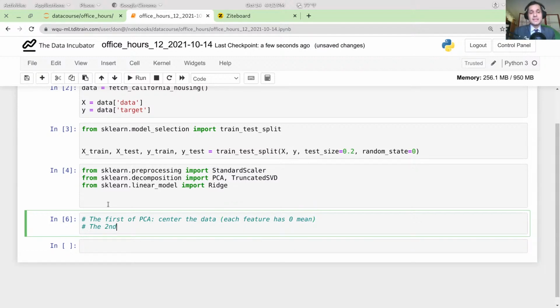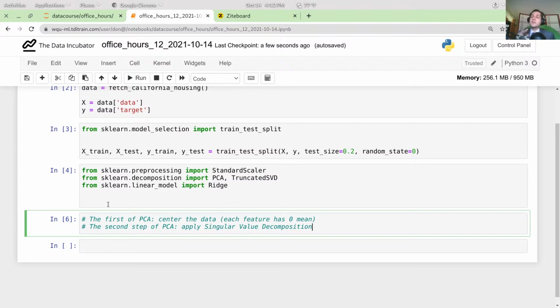The second step of PCA is apply singular value decomposition. Essentially, it's running an algorithm to take the matrix and decompose it and find these dominant new modes. That's that step of applying singular value decomposition.